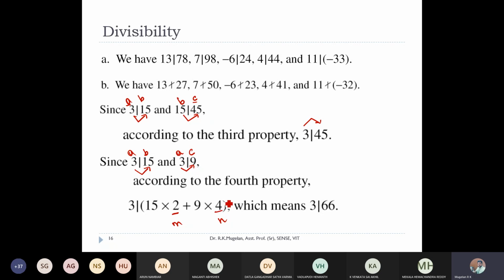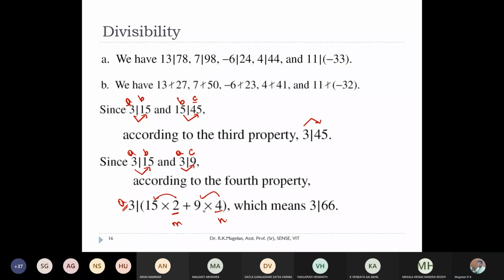You can even go for negative values. If you perform m times 15, that is b, and n times c and add both of them, it will be perfectly divisible by a. In this case, you'll get 66: 15 into 2 is 30, then 30 plus 36 gives 66.